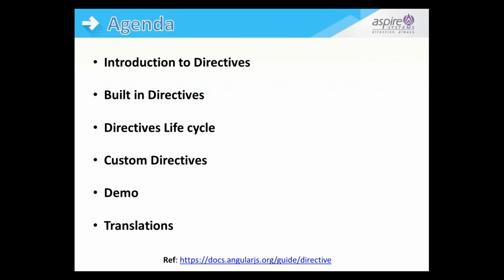One is built-in directives, which come with AngularJS, and how we can develop our own directives, that is custom directives. Then we'll see a practical live demo of how the directive works, and if time permits, an additional topic called translations, how translation works practically.